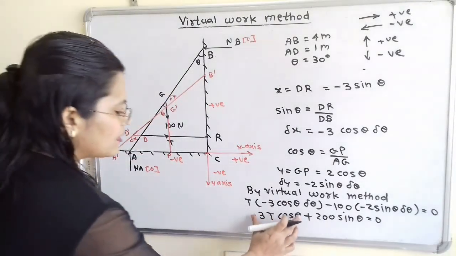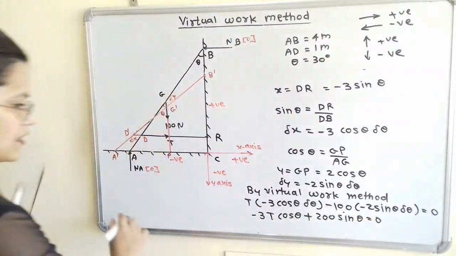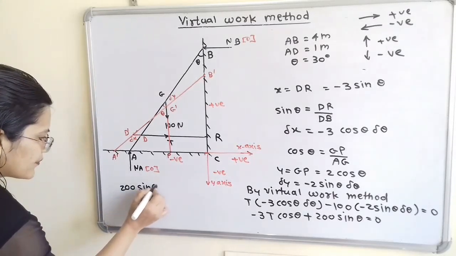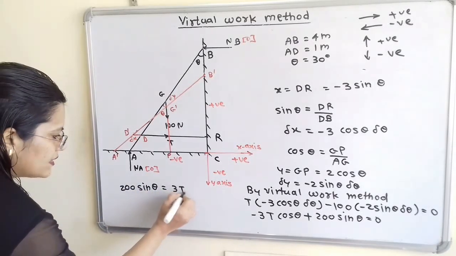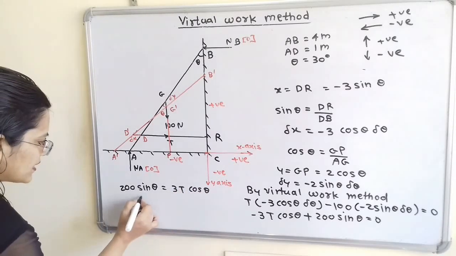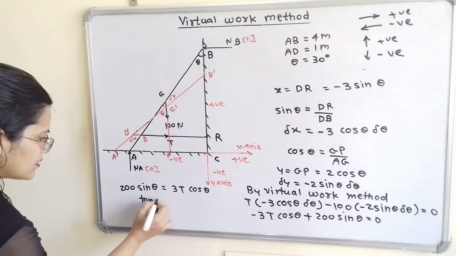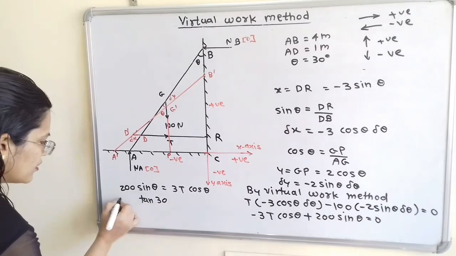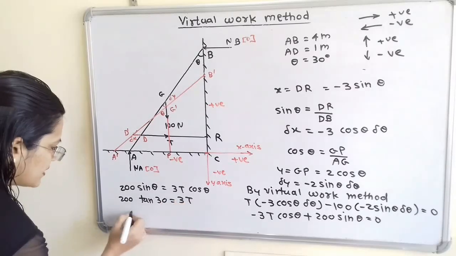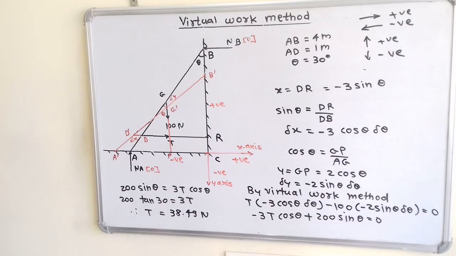So again we will transfer this term to the right hand side, so 200 sin theta is equal to 3T cos of theta. So this sin theta by cos theta is tan theta. So theta is 30. So I will write tan 30. 200 tan of 30 is equal to 3T. Value of T is equal to 38.49 Newton.